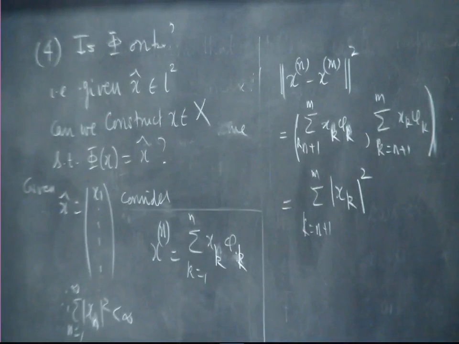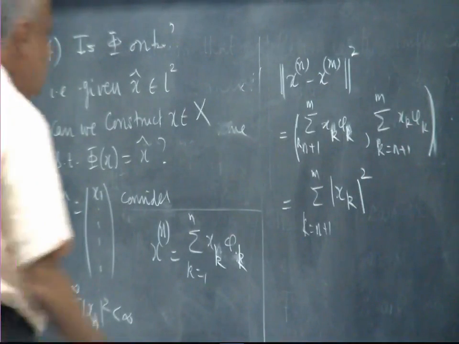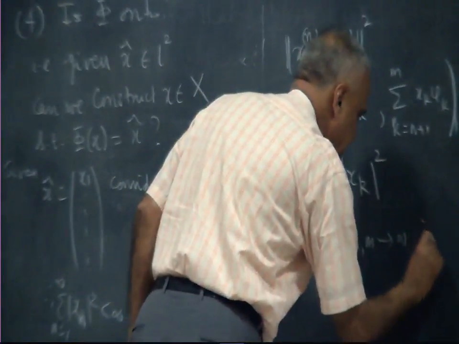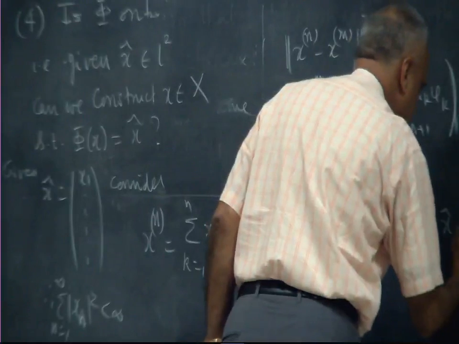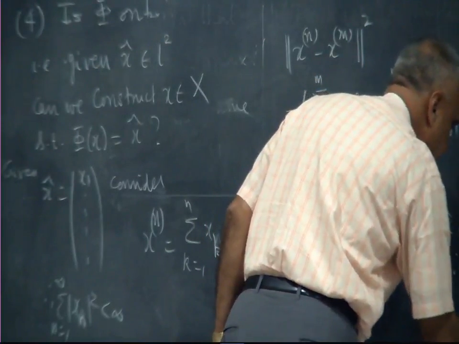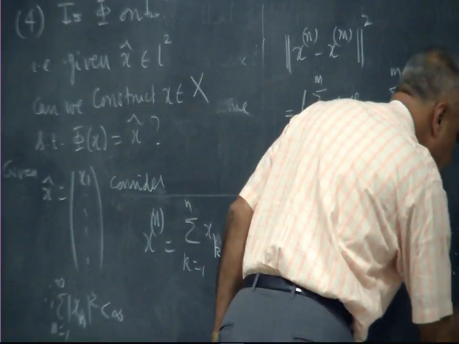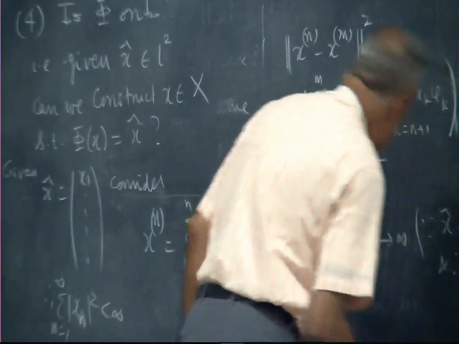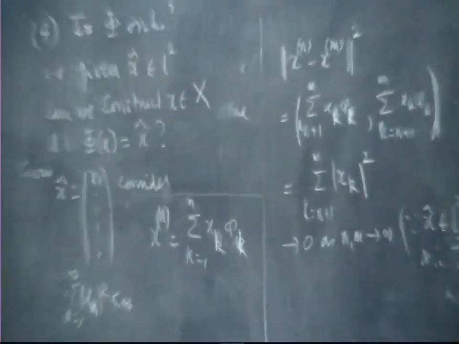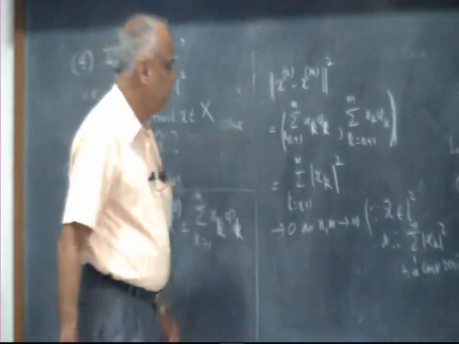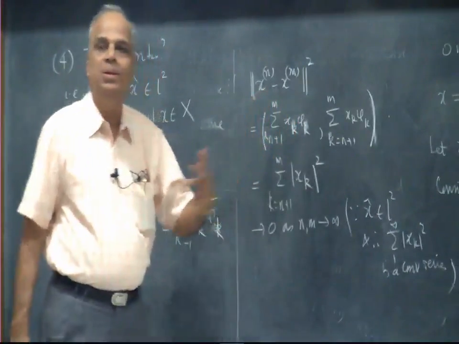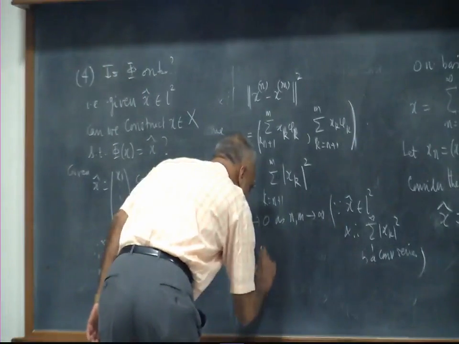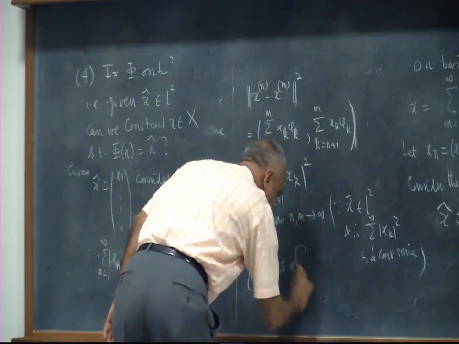This tends to 0 as n and m go to infinity, because x hat belongs to L2, and therefore, the summation of mod x_k squared from 1 to infinity is a convergent series. Therefore, the partial sums form a Cauchy sequence. So, what does that say? x_n is a Cauchy sequence in capital X.